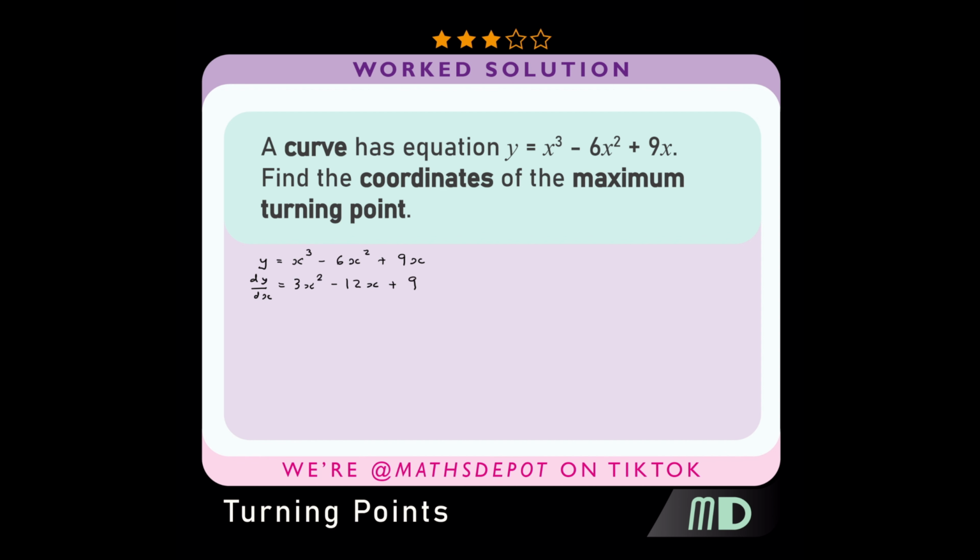Differentiating a second time, 3x squared differentiated is 6x, minus 12x differentiated is minus 12, and 9 becomes 0. So, the second derivative is equal to 6x minus 12.